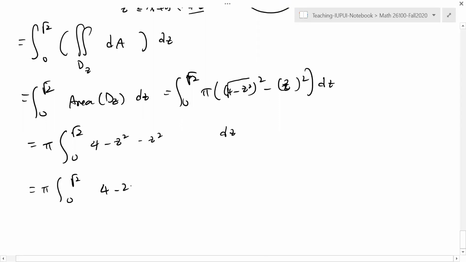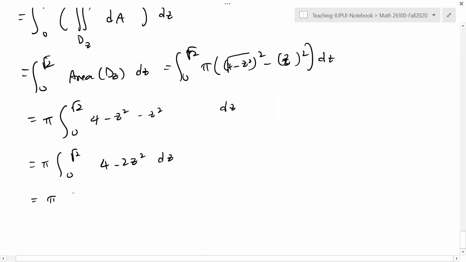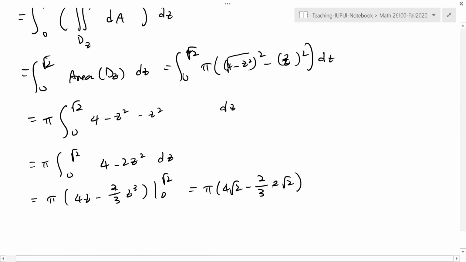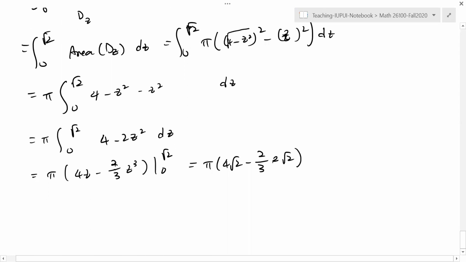Okay, 4 minus 2z squared, then the antiderivative is going to be pi times 4z minus 2 over 3 z cubed. So finally you will get the same answer. Pi times 4 square root 2 minus, this will be 2 square root 2. Yes, so now it's going to be 8 square root 2 pi over 3.